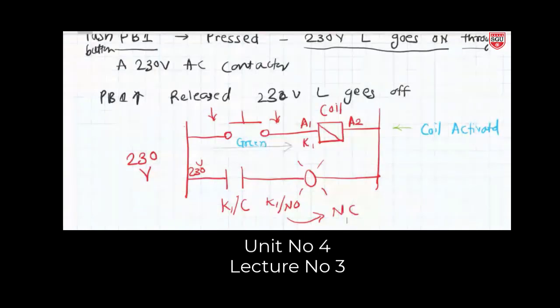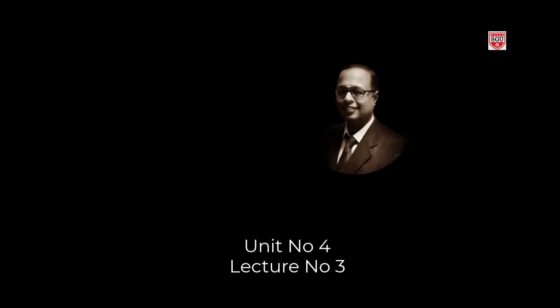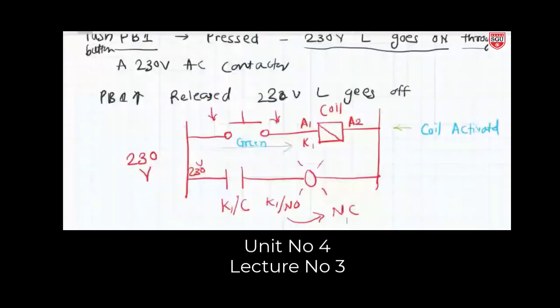Means until you keep the push button pressed, the bulb will be on. When we release the push button, the bulb will turn off. That circuit is known as an inching circuit.